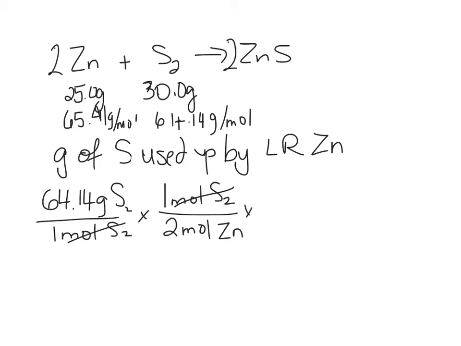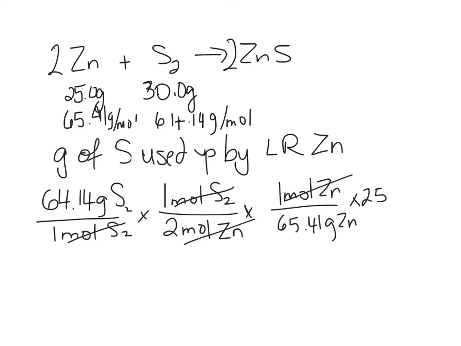So I'm going to multiply this by a ratio that's got moles of zinc and grams of zinc. Now I'm going to multiply that by my grams of zinc that got all used up. So you use the grams of the limiting reagent? Yes, because that's going to tell me how much sulfur was used up by all that 25 grams.